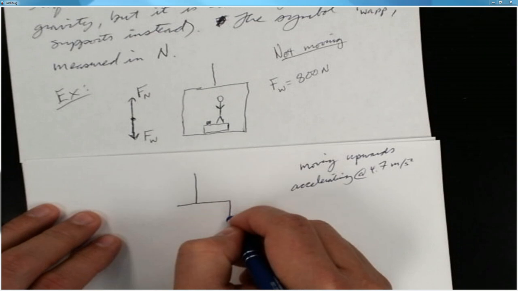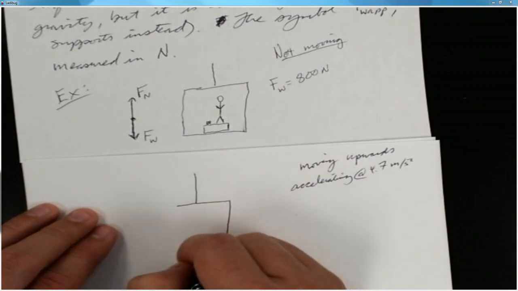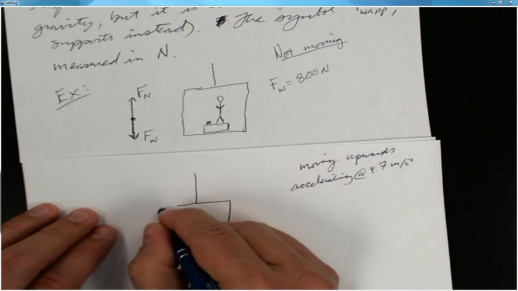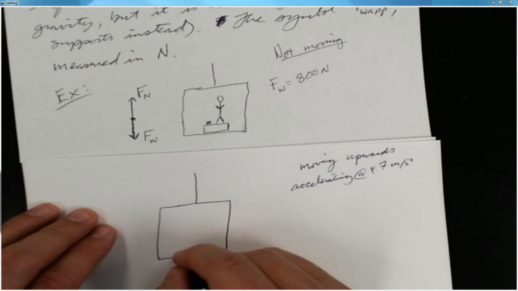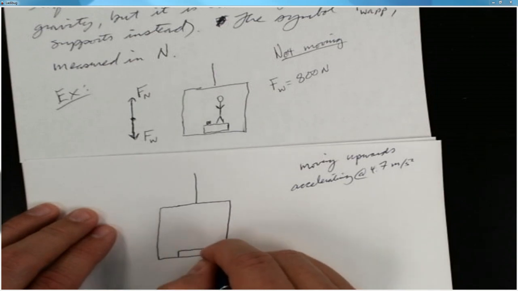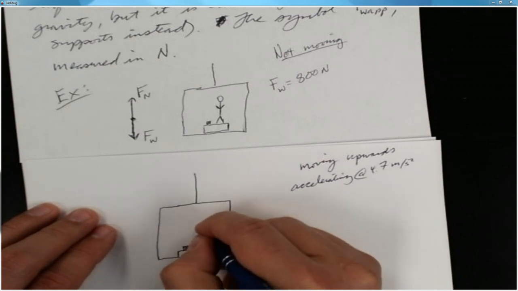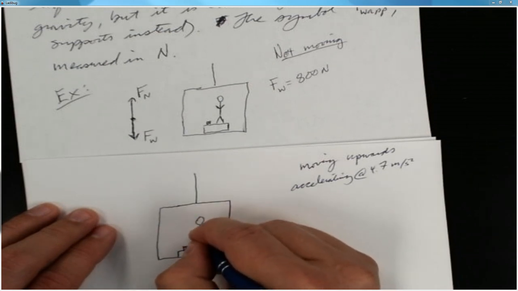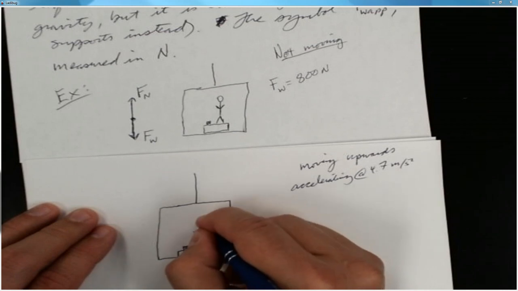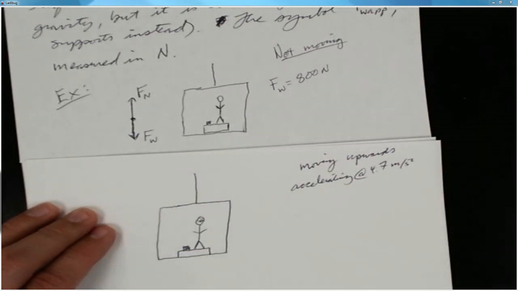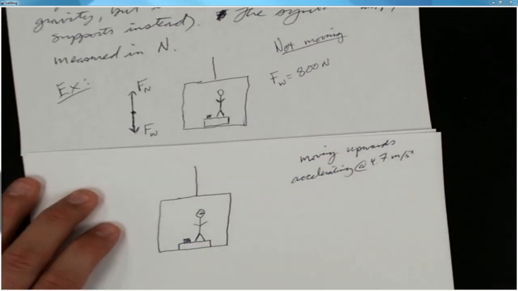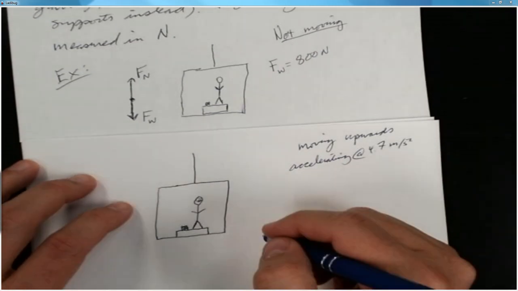So I don't know if my artistic skills are up to showing the excitement on this man's face when the elevator starts to move. Let's see if I can get him to try. So here he is. Okay, there we go. Yeah, that's art. That's all I have to say.